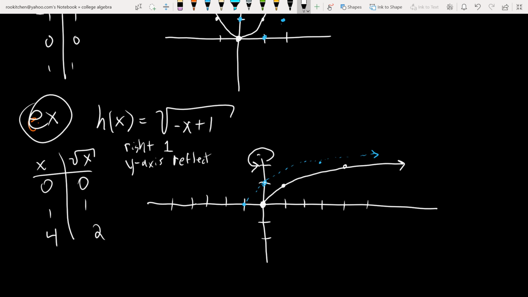So if you have negative 1, 0, that'll become 1, 0. If you have 0, 1, that will still be 0, 1, so it'll be there. If you have 3, 2, that will now be negative 3, 2. And that will be our final picture.